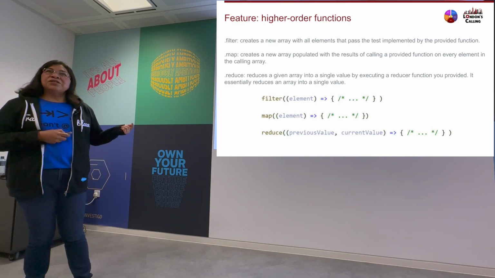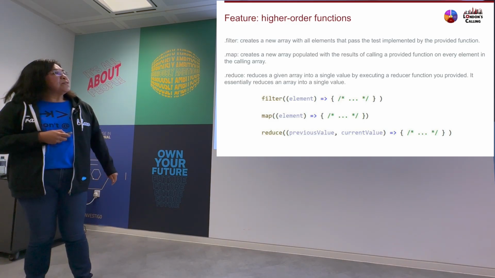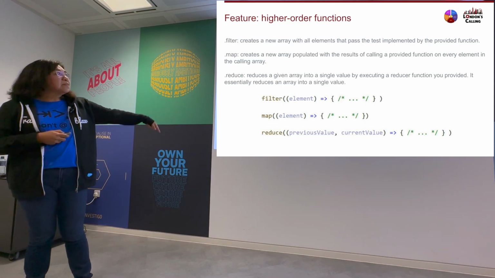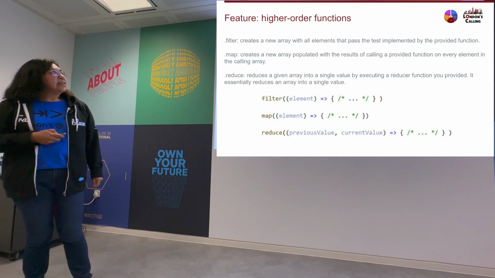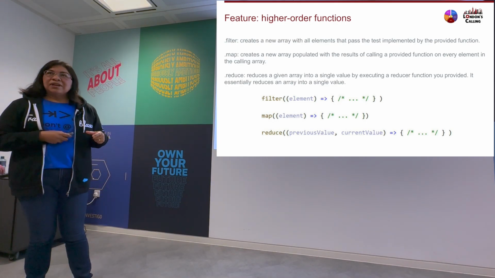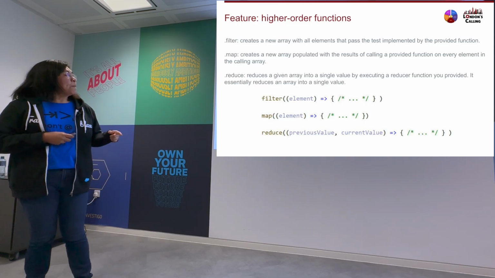And arrow functions go hand in hand with higher order functions. And the ones we are going to see are just 3: filter, map, and reduce. Filter creates a new array with all the elements, and you have to pass a function, and that function is going to be applied to each element of the array, and if the test passes, the element is going to be sent to the second array.